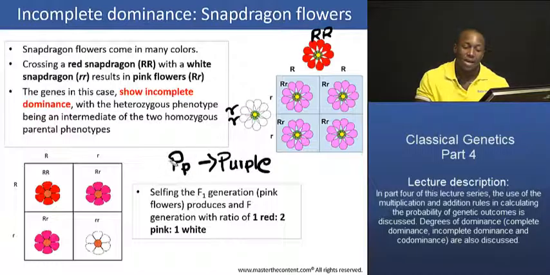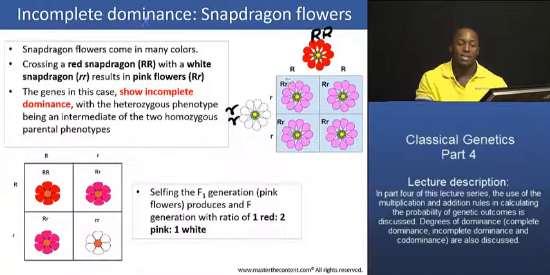So that allele was completely dominant over the recessive allele, which resulted in the purple phenotype. That's not the case here. We're actually seeing a phenotype that's an intermediary, or sort of a blend of the two parental phenotypes.